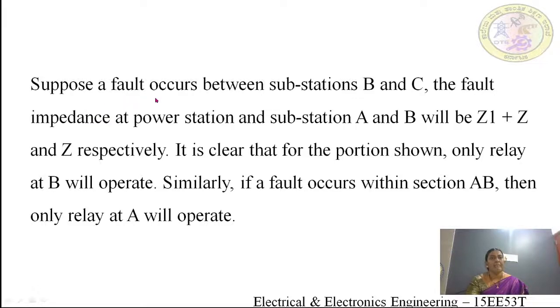Suppose a fault occurs between the sections B and C. The fault impedance at the power station and the substation AB will be Z plus 1 and Z respectively. It is clear that for the portion shown, only the relay B will operate. Similarly, if the fault occurs within the section AB, then the relay A will operate.